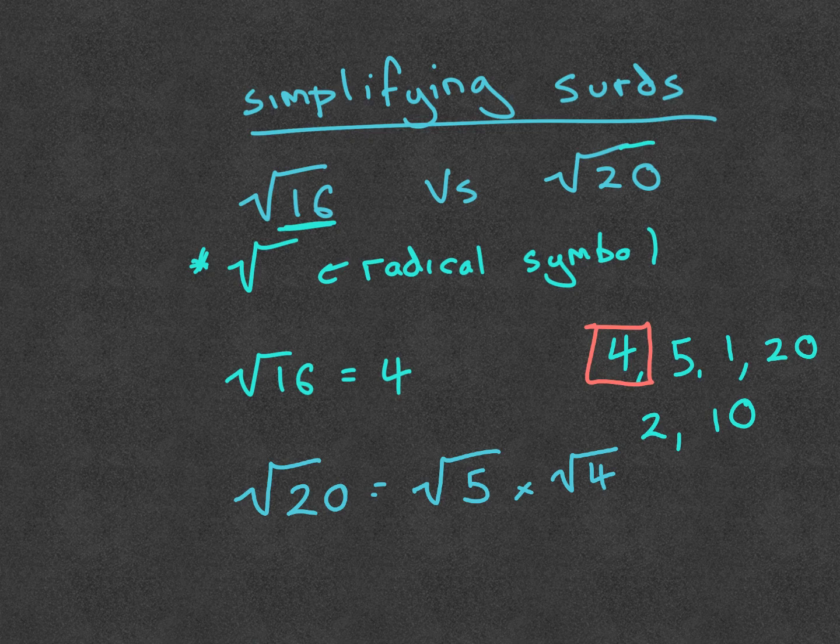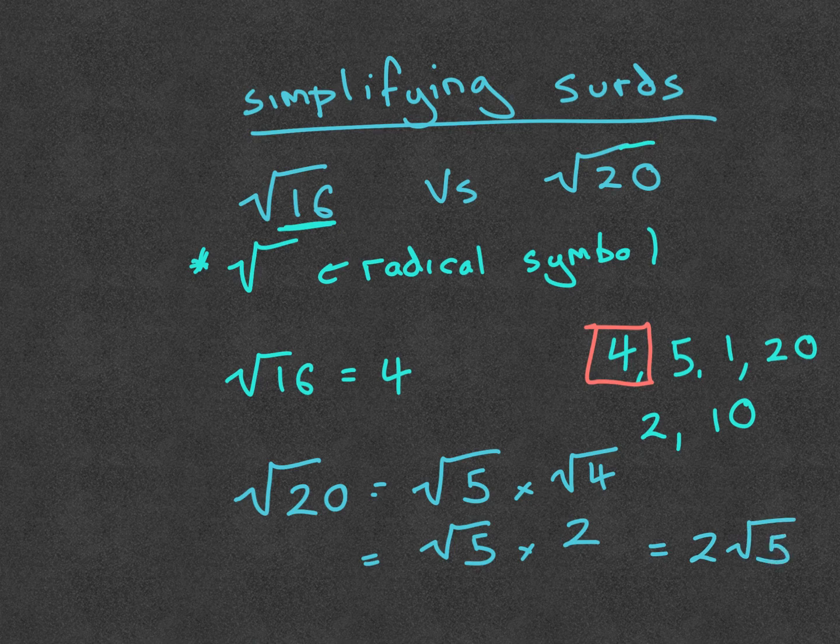Therefore, the square root of 4 is a perfect square, so that's 2. Square root of 5 we can't simplify any further, so that gives us root 5 multiplied by 2, which we then write like this.